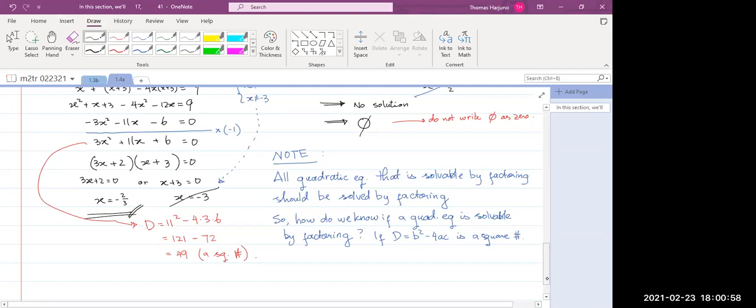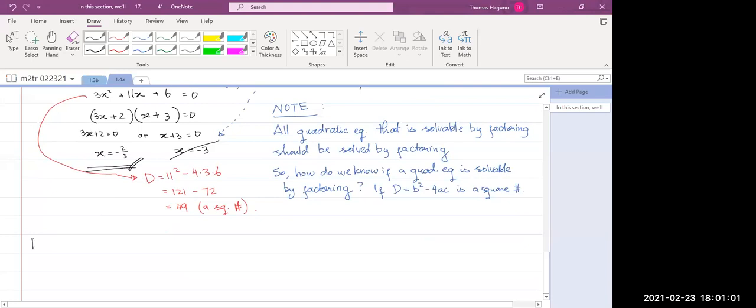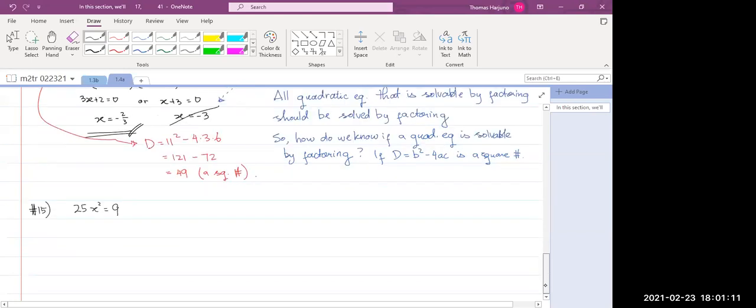Number 15, 25x squared equals 9. There are two ways to do this.